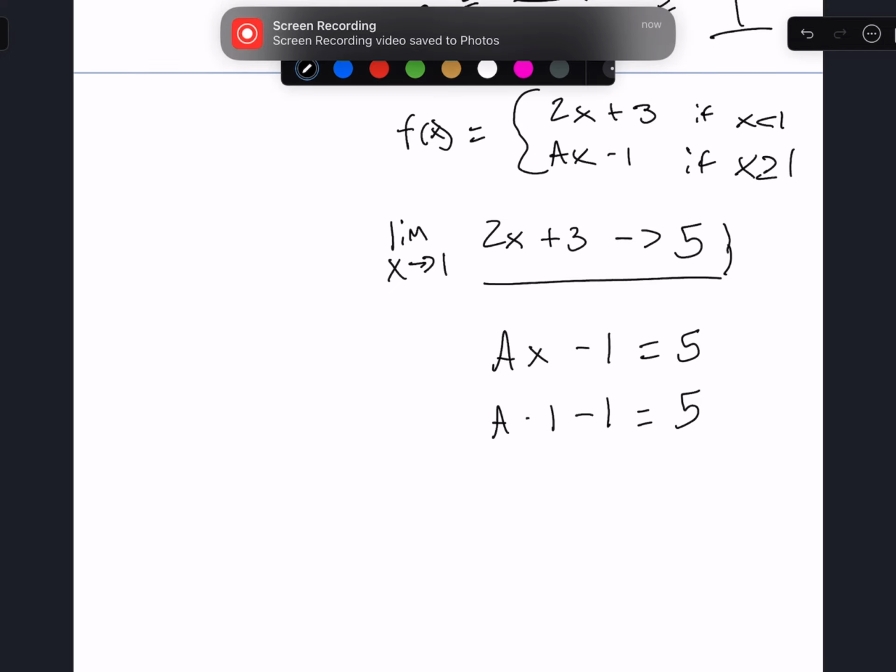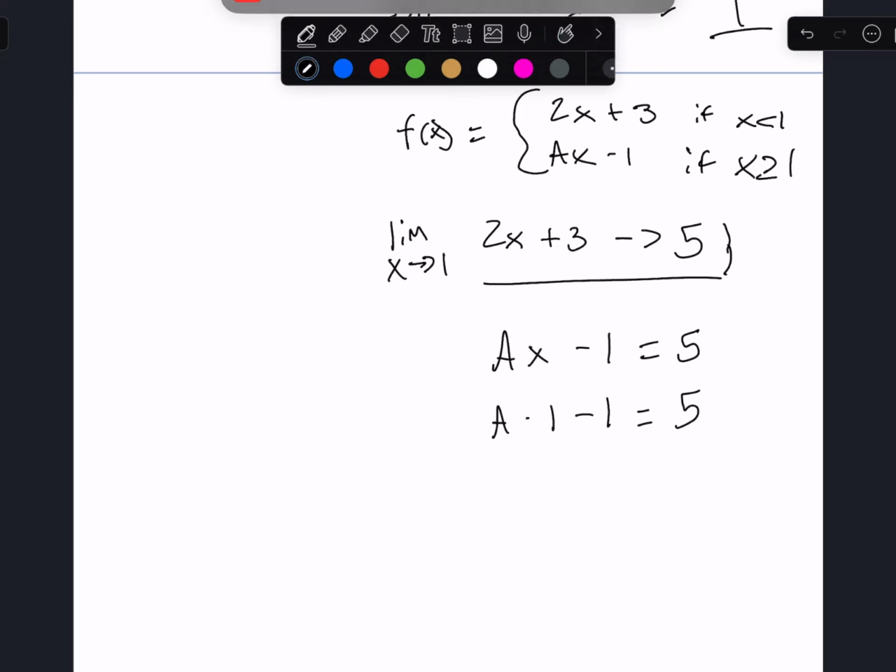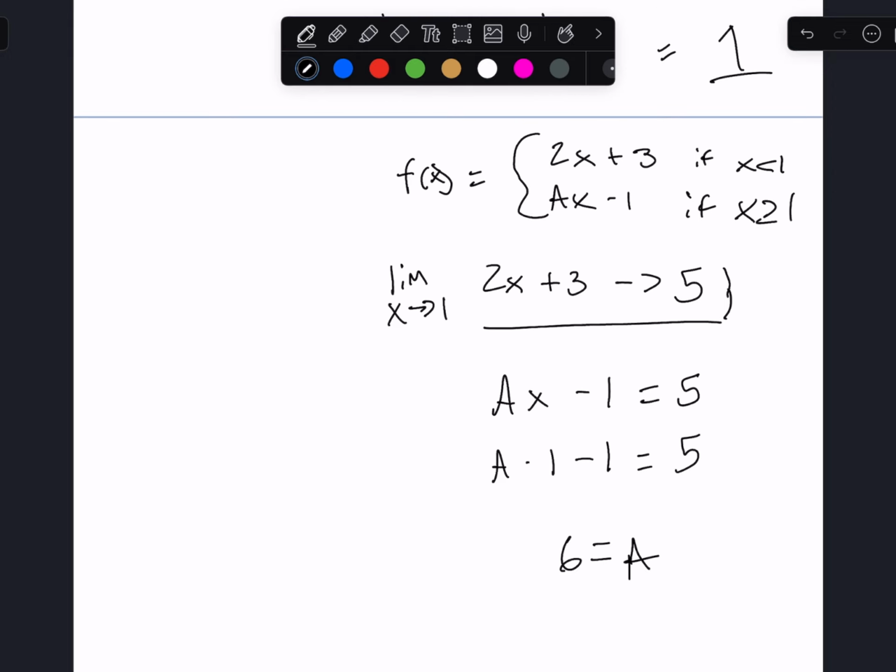We have to find the number that we can assign to a to make this function equal to 5, which is 6. So a is equal to 6. That is how you would find a constant a that makes the given function f of x continuous for all x.